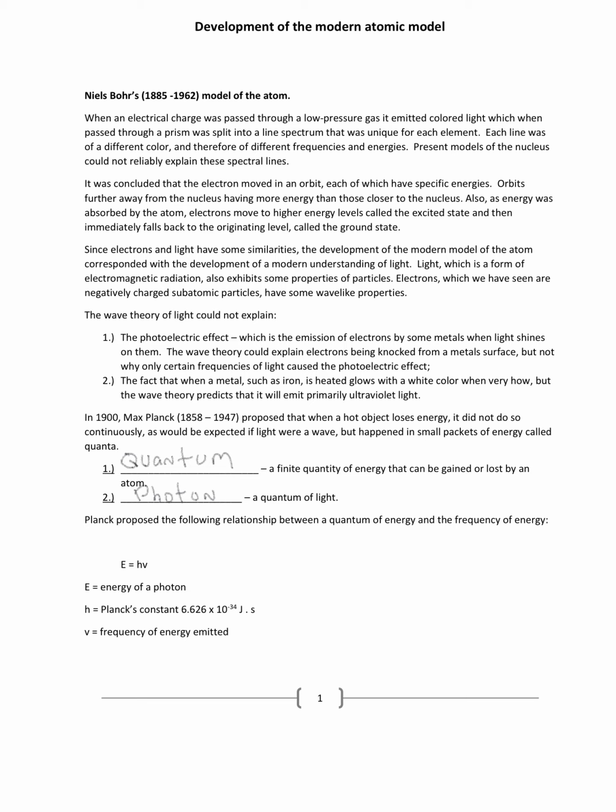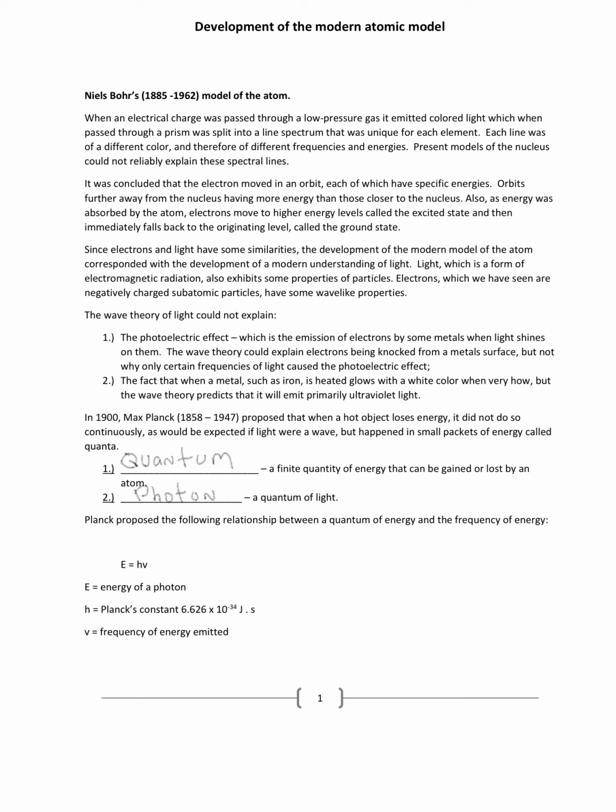So it was concluded that electrons moved in an orbit, each of which has specific energies. Orbits further away from the nucleus have more energy than those closer to the nucleus. As energy was absorbed by the atom, electrons move to higher energy levels called the excited state and then immediately fall back to the originating level called the ground state. So that's what I showed previously.